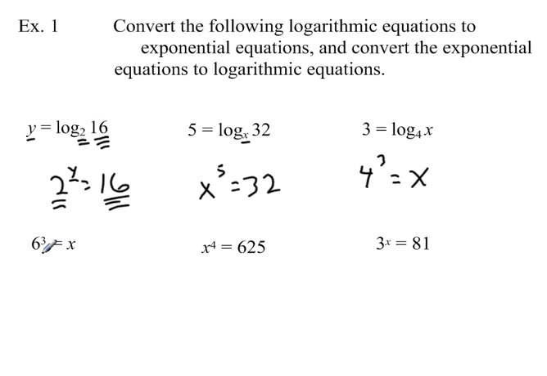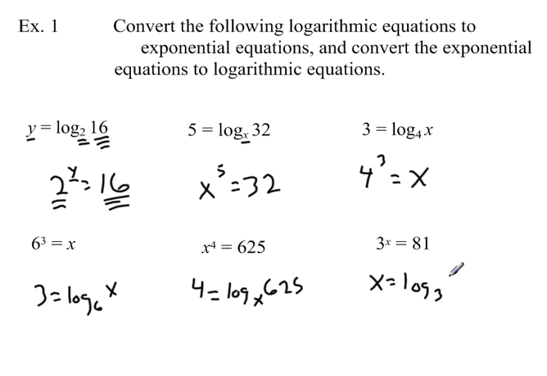So, for example, we could say, okay, this 6 is going to be your base, 3 is your answer, so we can say 3 equals log base 6 of x. So 6 to the third power equals x. Likewise, over here, we could say 4, the power, equals log base x of 625. And one more of these, we could say x equals log base 3 of 81.